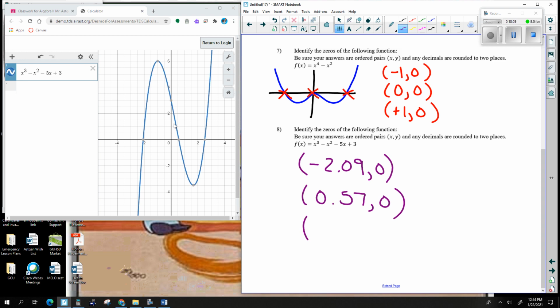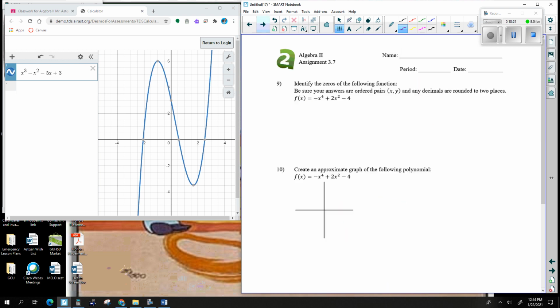And the third zero occurs at 2.51. Identify the zeros of that. Not a big deal.